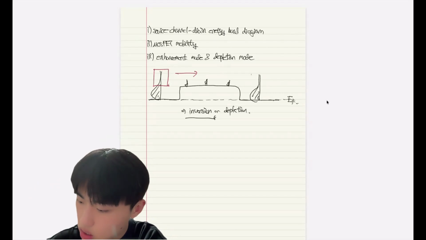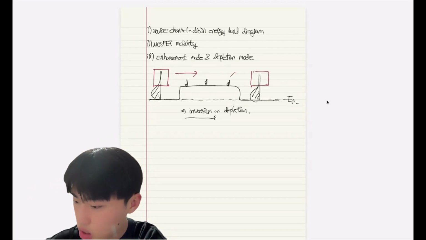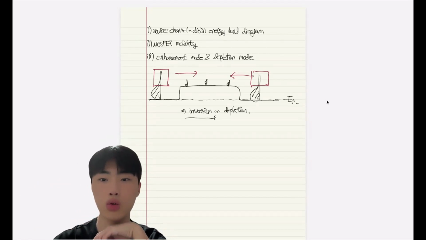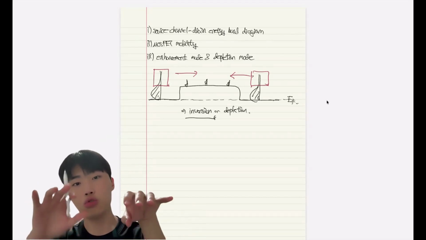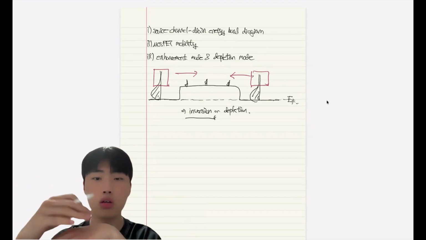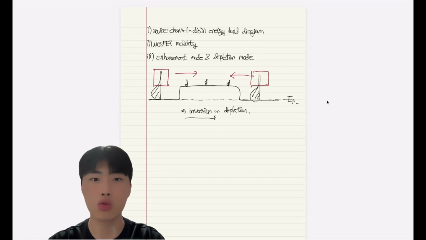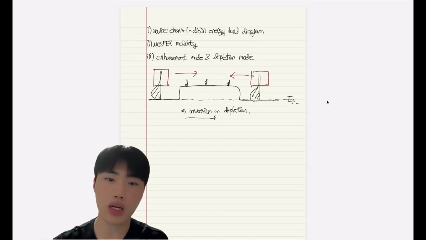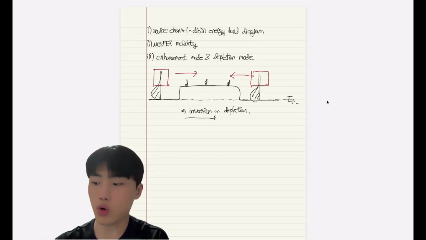The source to channel and the drain to channel flows are the same, so the net charge will be zero. So we say there is no current flowing.